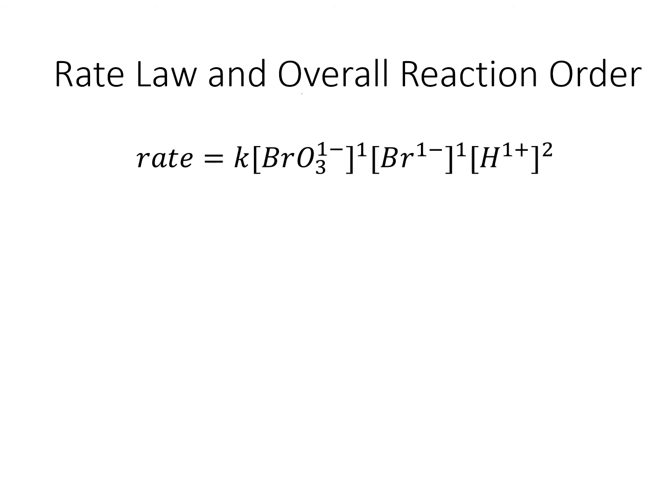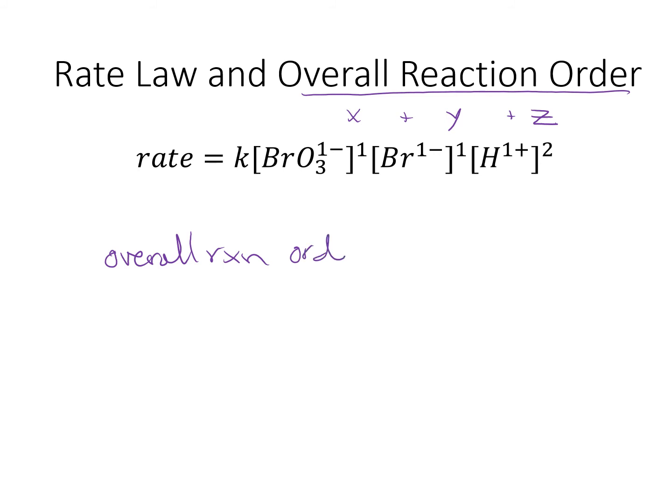So your overall reaction order is to add up all your exponents. In our case, it's x plus y plus z. So our overall reaction order is just 1 plus 1 plus 2, which is just 4.